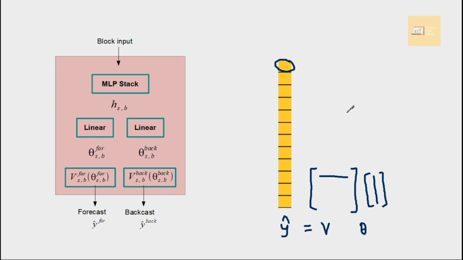In other words, to get the forecast or the backcast at each time point in the array, we need some features that are expressed in the columns of matrix V, and then we need some weights, like some coefficients, that are learned by the linear layers.